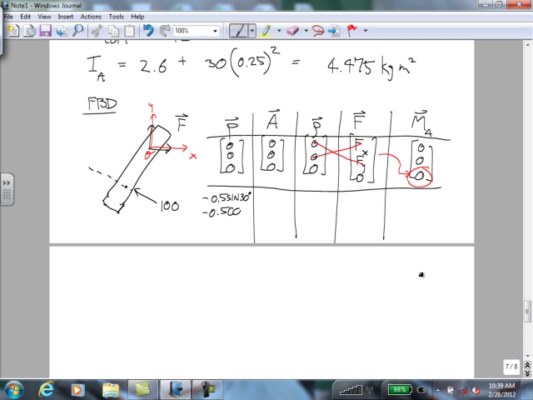So we have the position is negative 0.5 times the sine of 30, negative 0.5 times the cosine of 30. Does that seem right? And then 0.